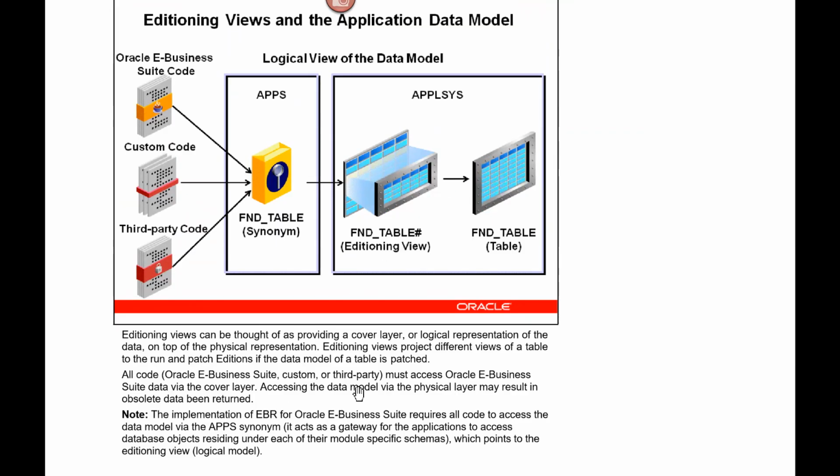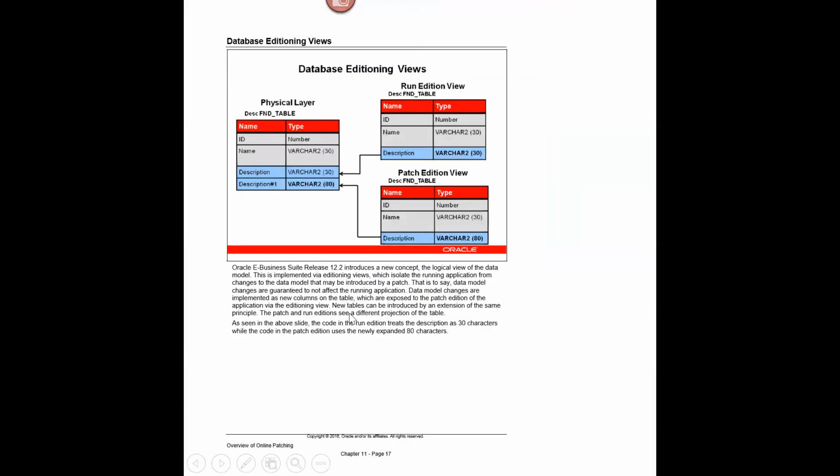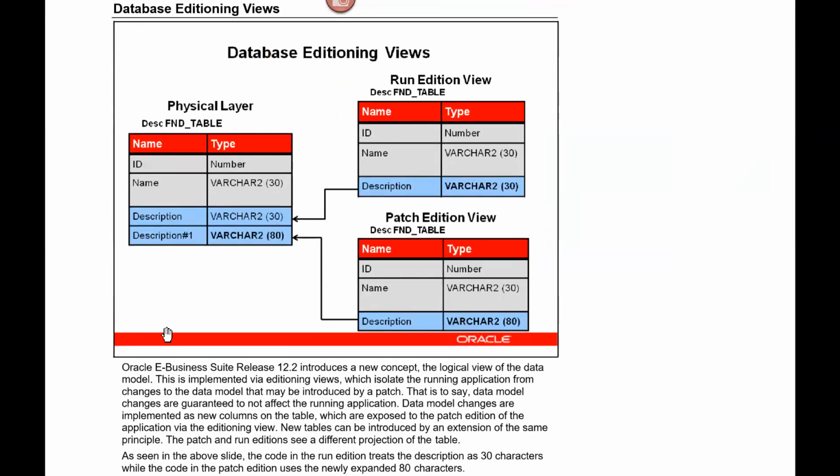All code must access Oracle E-Business Suite data via the cover layer. Accessing the data model via the physical layer may result in obsolete data. We will see some more examples. If you see the physical table, for example the FND table, you have three columns: ID, name, description. The description column is originally 30.